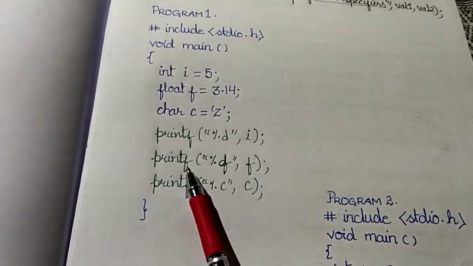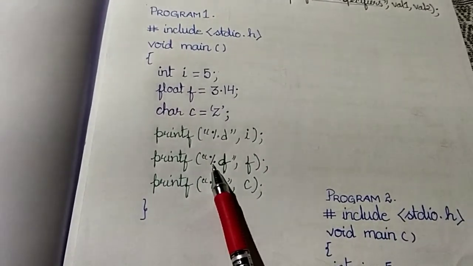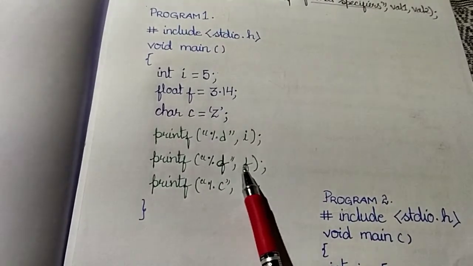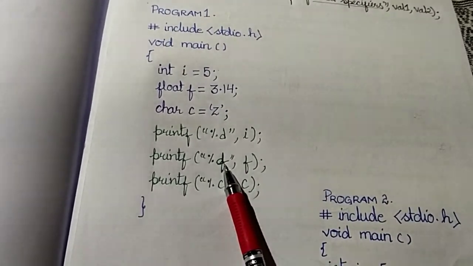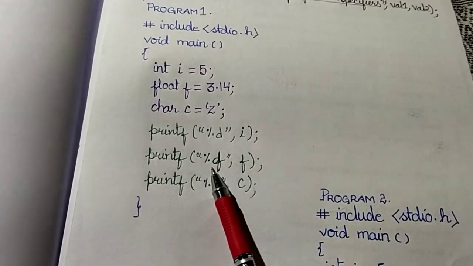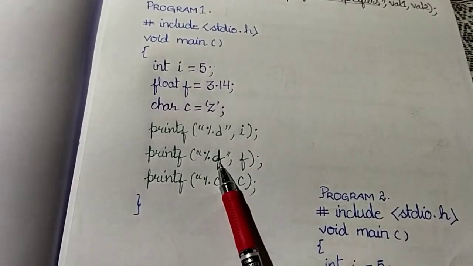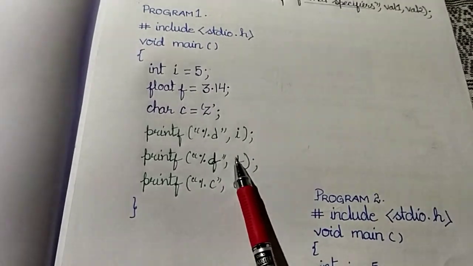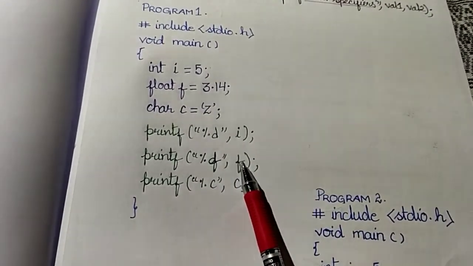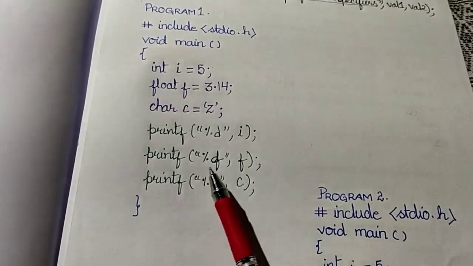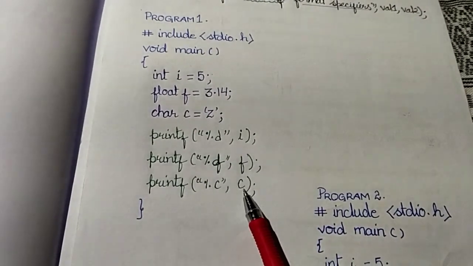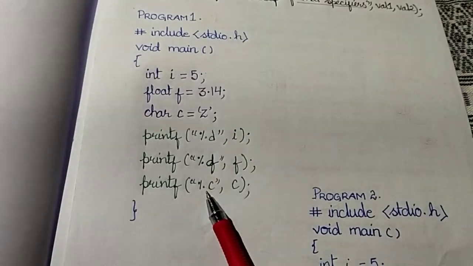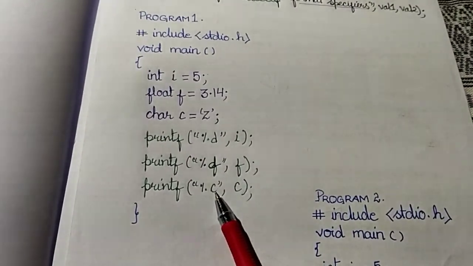Then next you will see printf %f, comma f. Why %f here? Because this format specifier helps to print the float value, and the float value resides in the variable f. And then the last one, to print the value from the variable c, I'm using the format specifier %c.